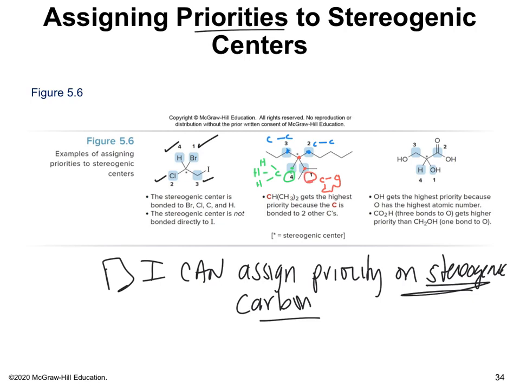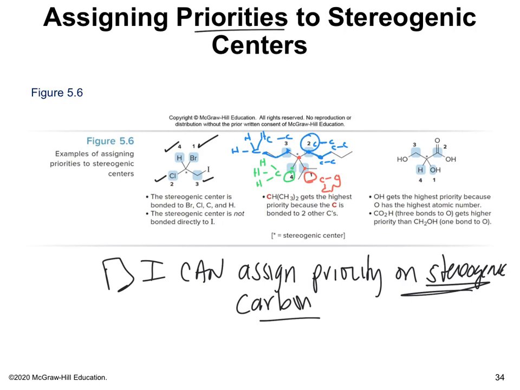And then here we have these carbons bonded to just one carbon, and so this carbon's bonded to one carbon. This carbon's bonded to one carbon, but this one is a carbon bonded to three hydrogens, and this carbon is bonded to a carbon. So this is going to be number two.